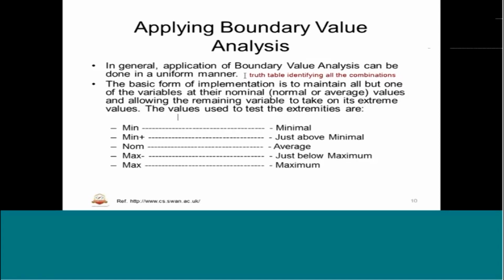The next step is to go for identifying the boundary value analysis along with the equivalence partitioning, or equivalence partitioning you define first, then eliminate or add or complement the equivalence partitioning with boundary conditions.